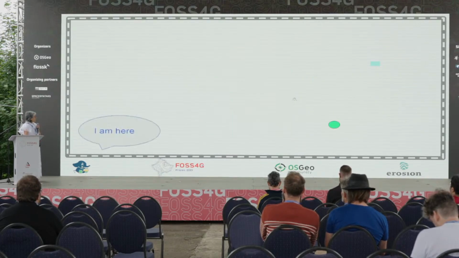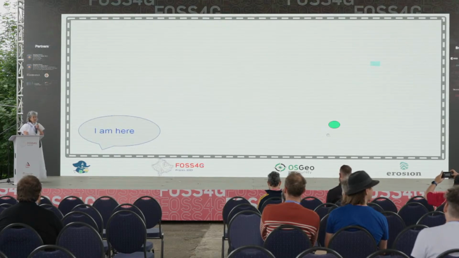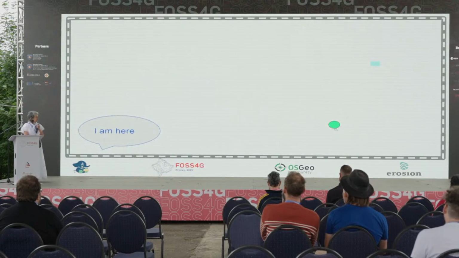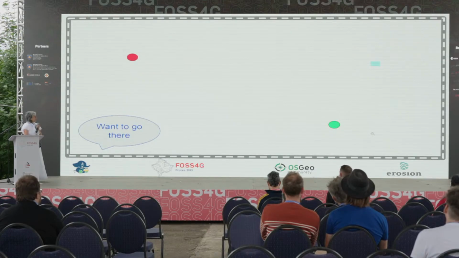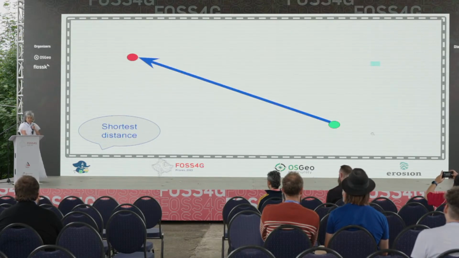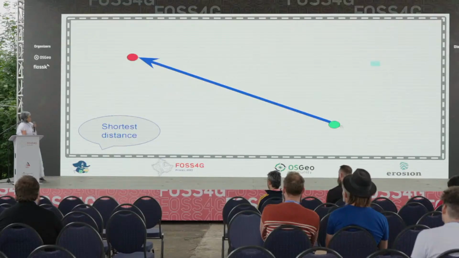So, pgRouting. What do we think about pgRouting? Well, we think about routing: we are here, and we want to go there. How do I do it? Well, in elementary school, they told us the shortest path is going to be a straight line between two points.